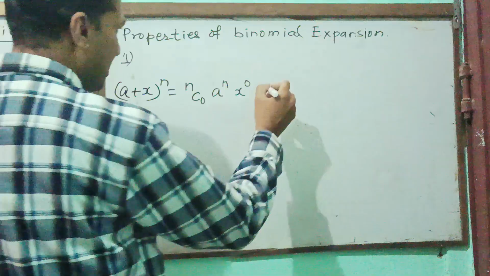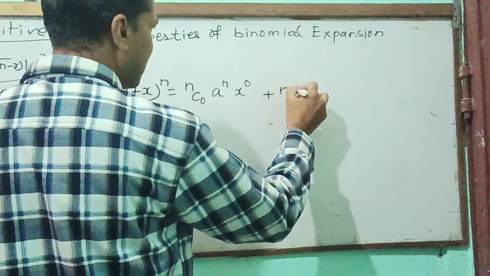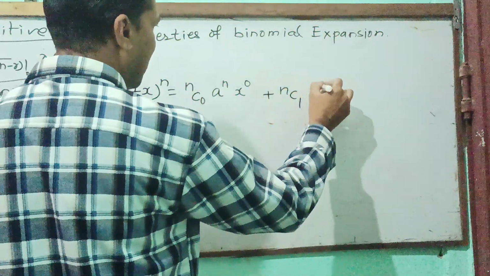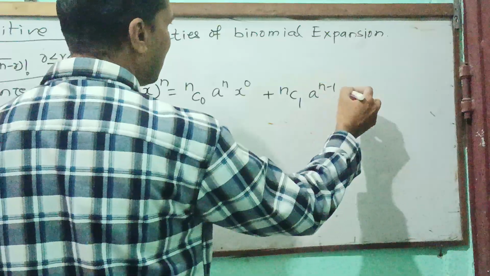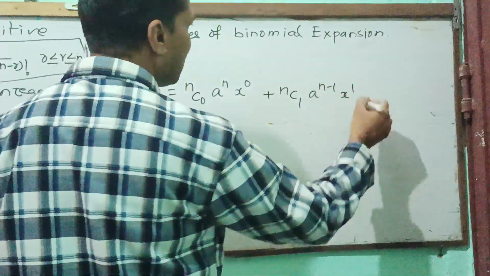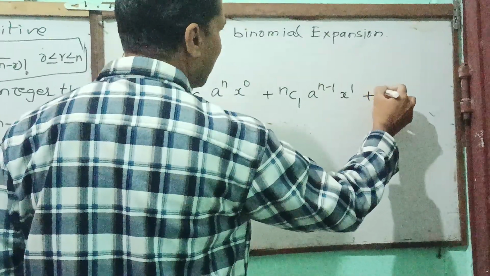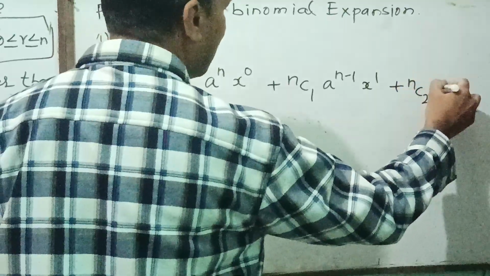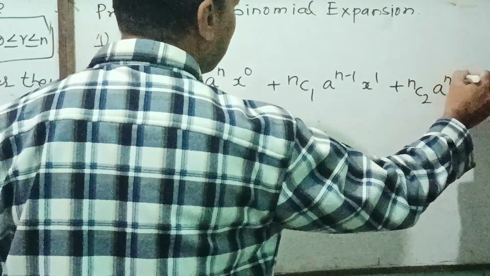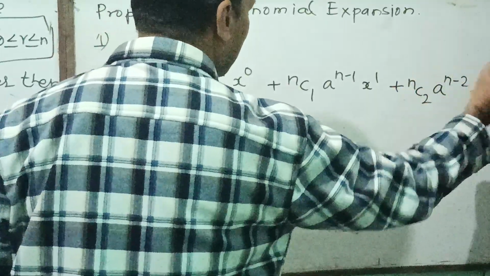Second term is nC1 a to the power n minus 1 x to the power 1. Third term we have written nC2 a to the power n minus 2 x to the power 2.